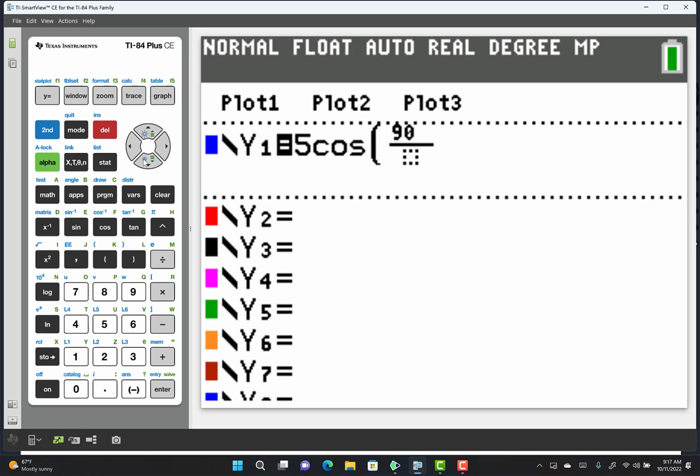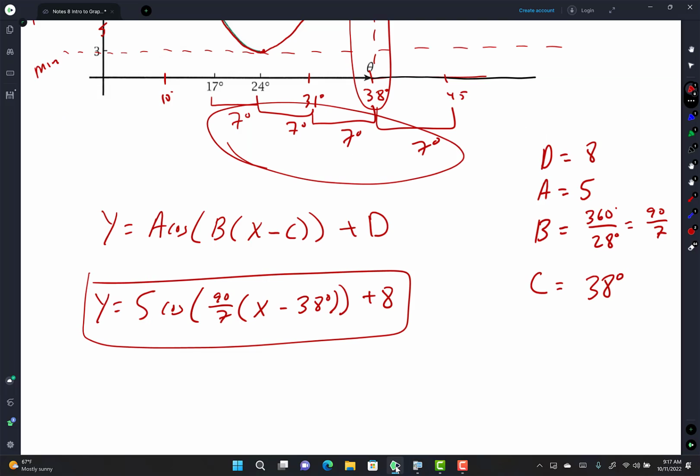Open another parenthesis. X minus 38. Close, close. And then plus 8.